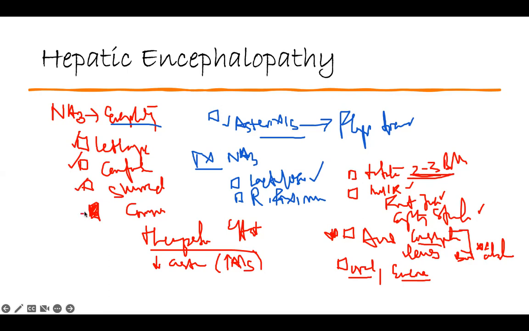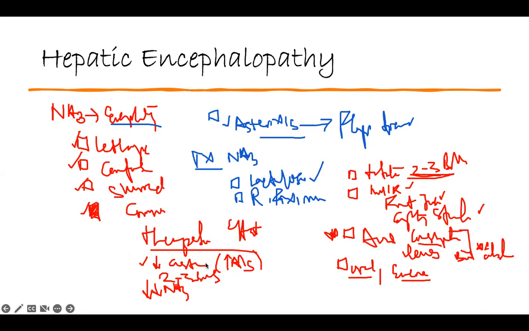If they are in coma, they are no more in coma. 2 to 3 bowel movements, once again, is the therapeutic effect. If they're having 5 bowel movements, you got to cut down the lactulose to 2 to 3. And the last one, you should expect the ammonia level to go down. So if I give you lactulose and you are encephalopathic, therapeutic effect means ammonia level is down and you're having 2 to 3 bowel movements.